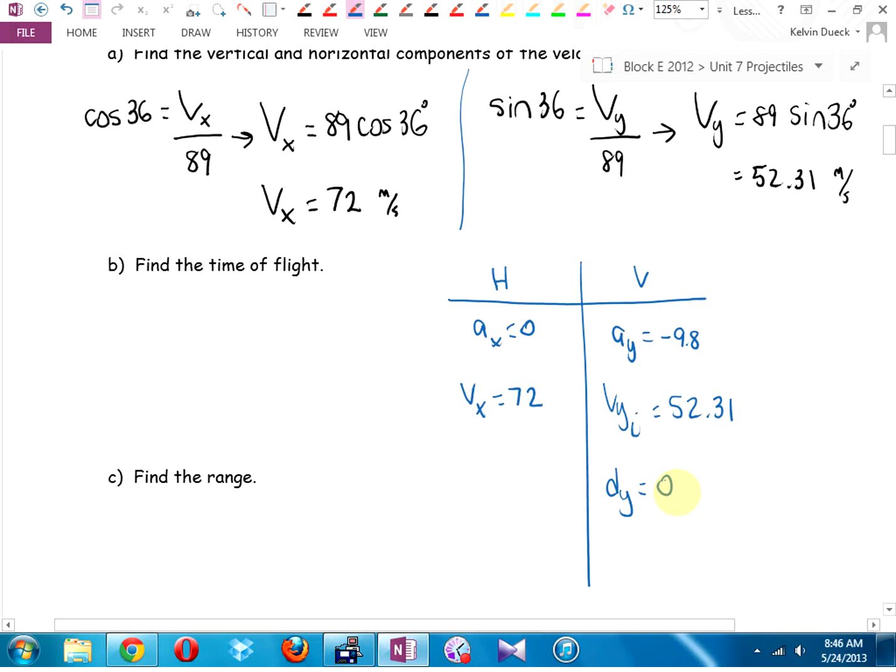I now know 3 things. I think that means I can find, well, yes and no. Write that down, and then put your pencils down for a second. You're going to get this. 0 equals Vi t plus 0.5 negative 9.8 t squared, which is a perfectly acceptable equation.